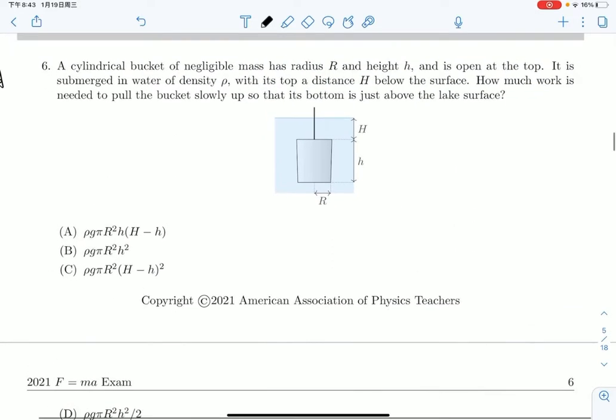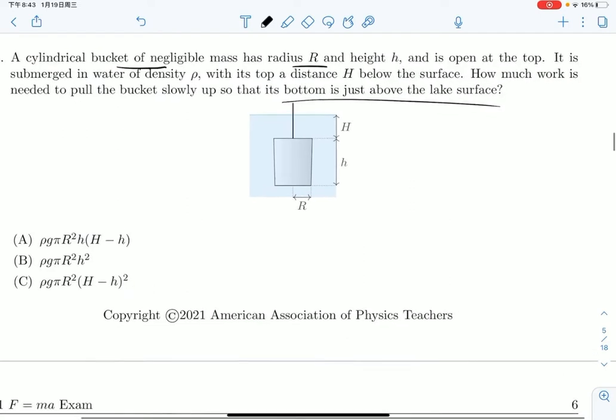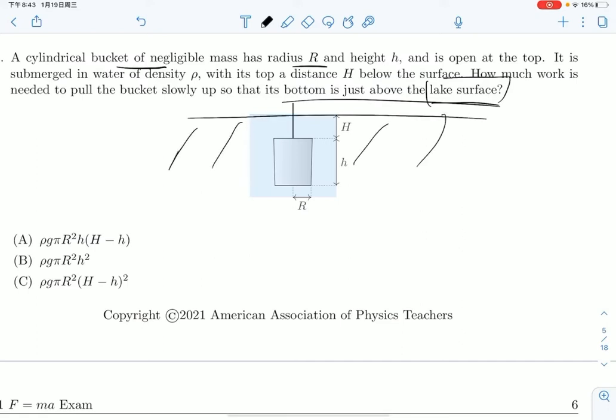A cylindrical bucket of negligible mass has a radius r, and you want to find the work done when lifting it above the lake surface. If it is a lake, we assume the water level is always constant.